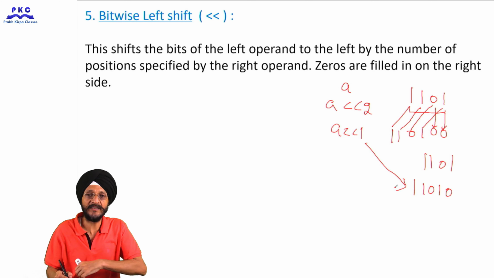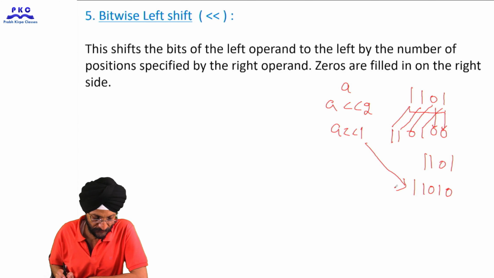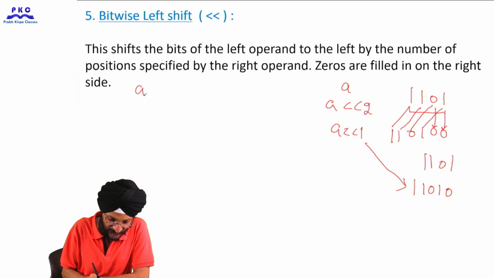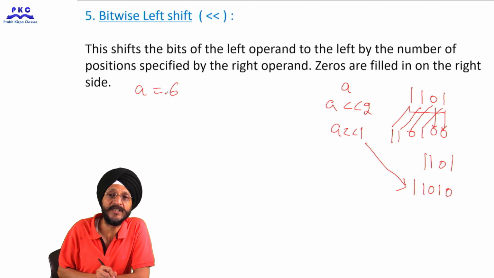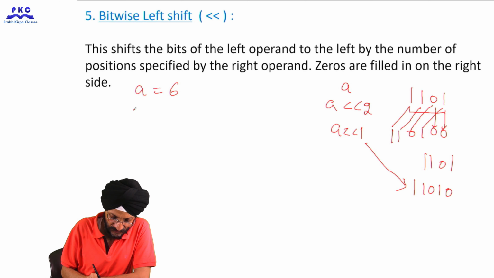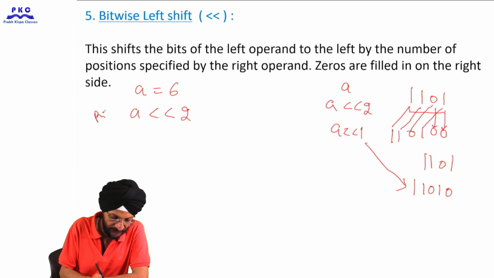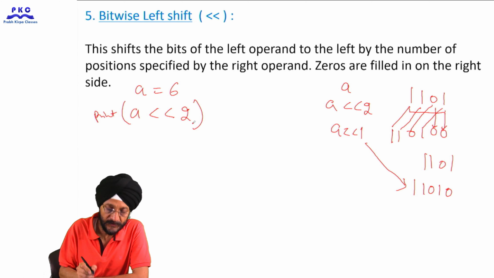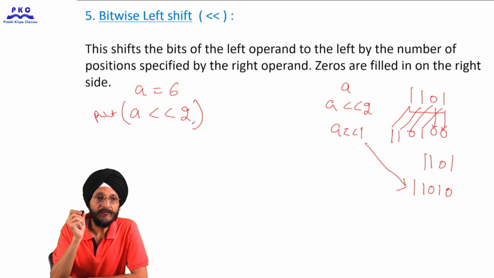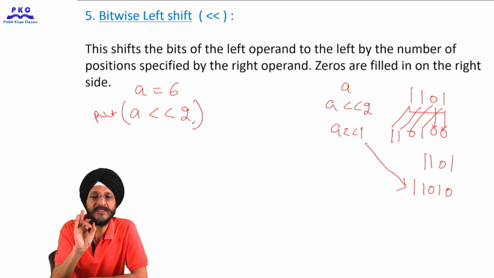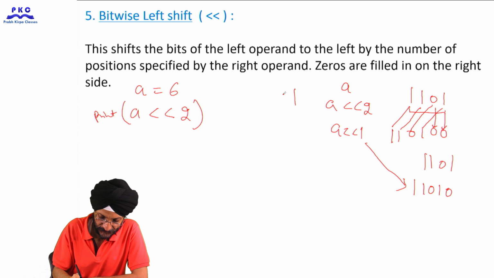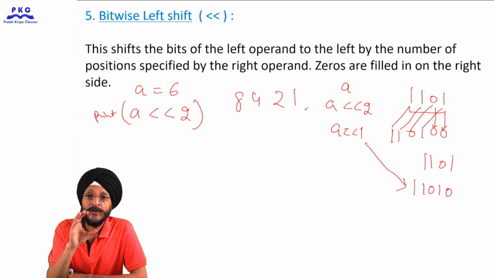Now we understand the same in detail with the help of an example. Suppose we have a is equal to 6. Now we have been given a left shift 2, and we use the print function. What will be the output? So now we will first convert 6 into binary. As already told, this will be the format.